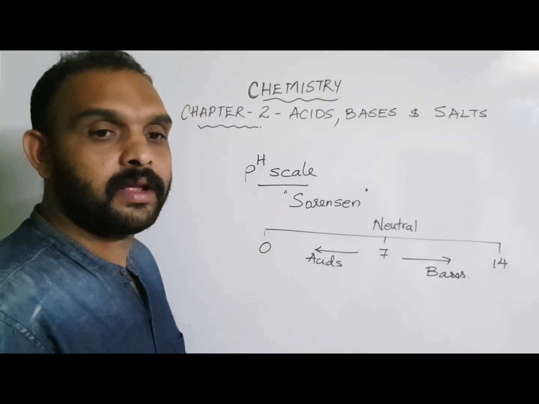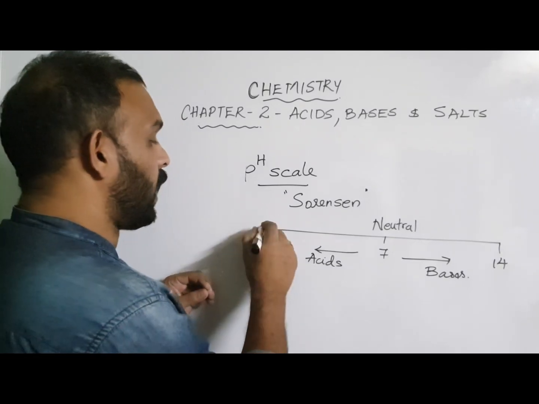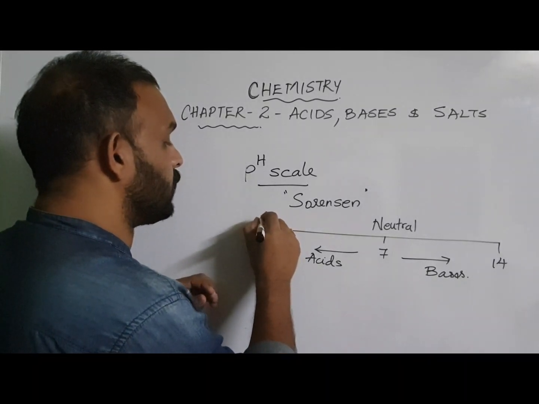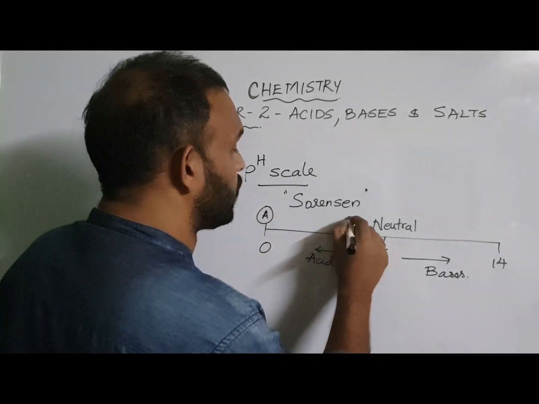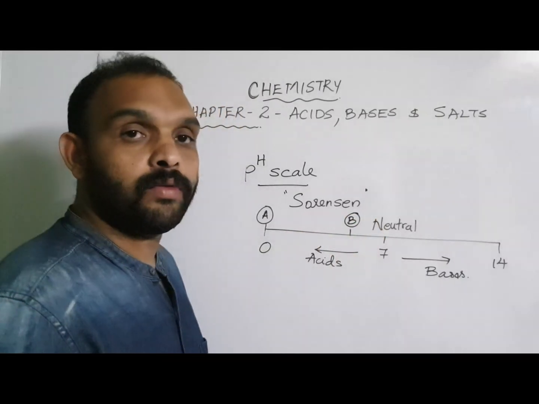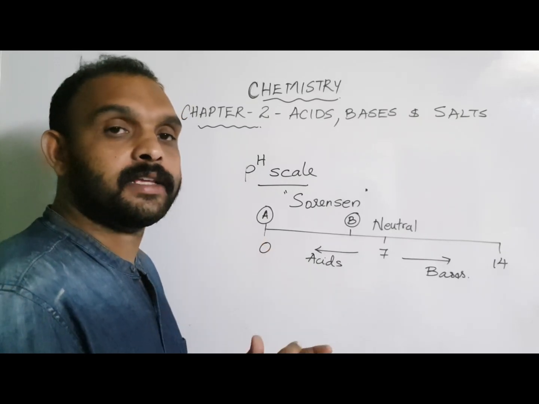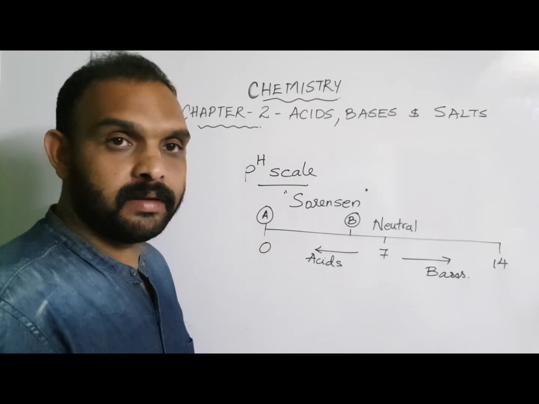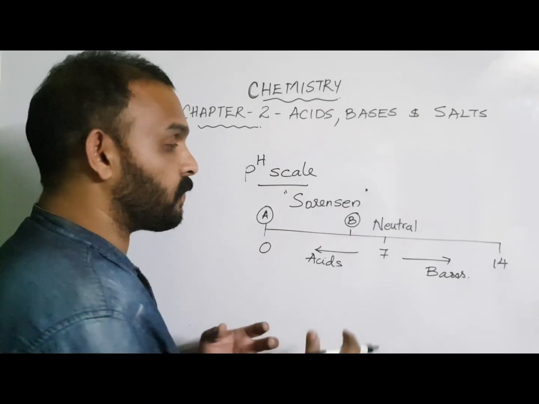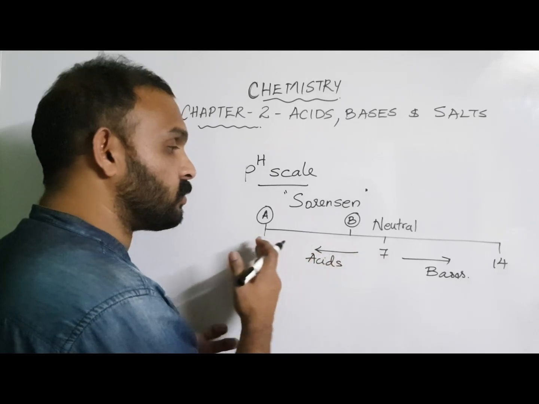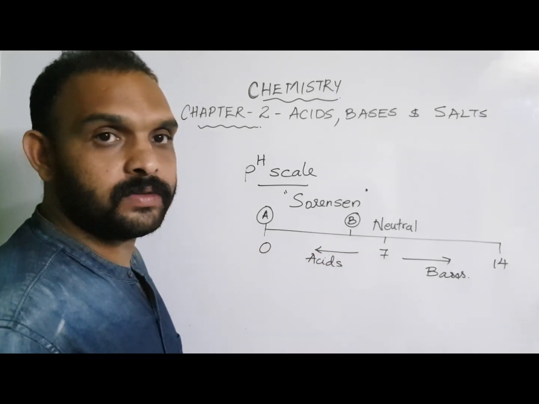Suppose acid A has pH 0 and acid B has pH 6. Then acid A is more acidic than acid B, because from neutral, as we go toward 0, acidity will increase.